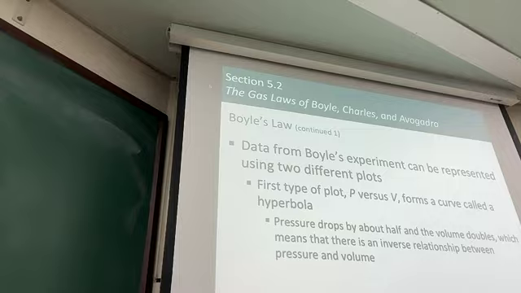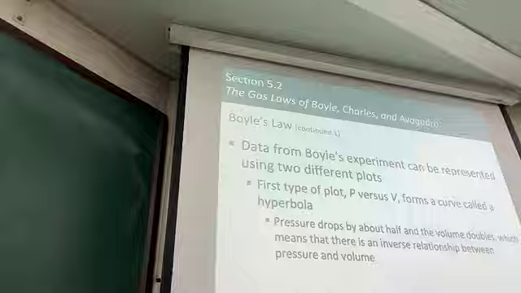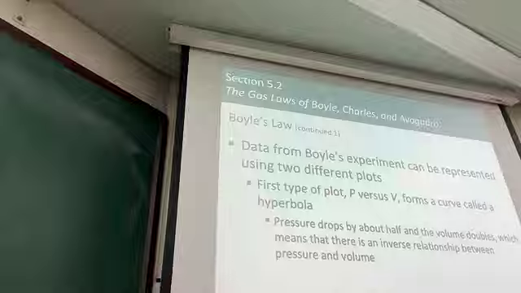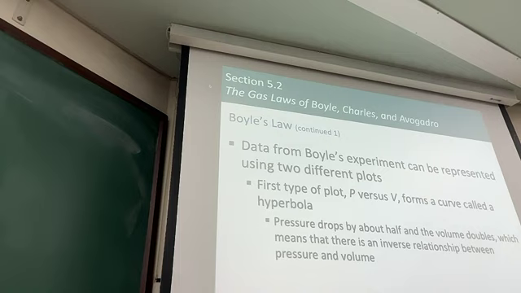So if you plot P over the volume, then you get a hyperbolic relationship. That's one way you could do this, but you could also say, okay, let's plot P versus 1 over the volume, then you get a simple straight line, right?